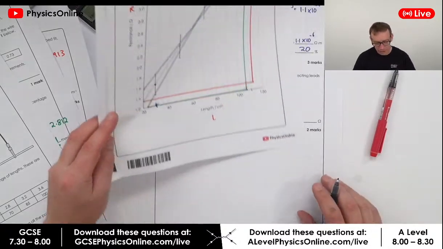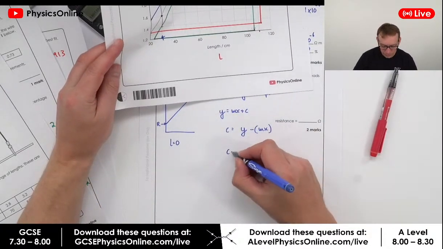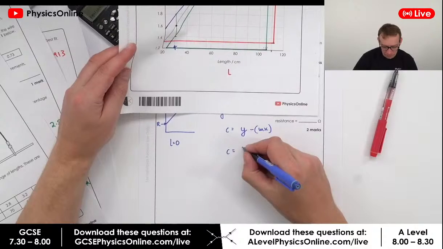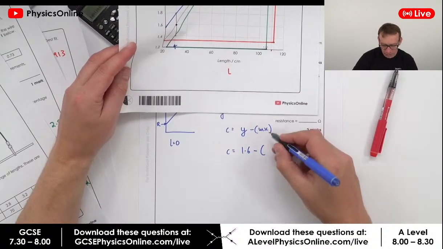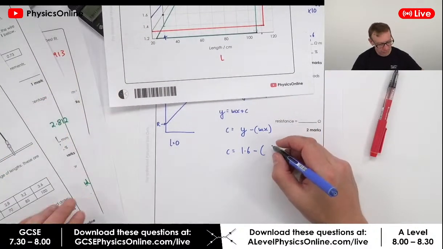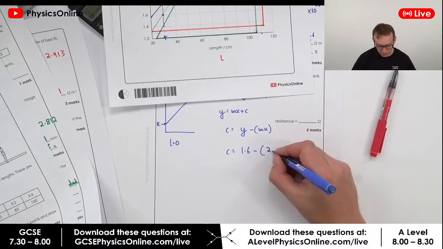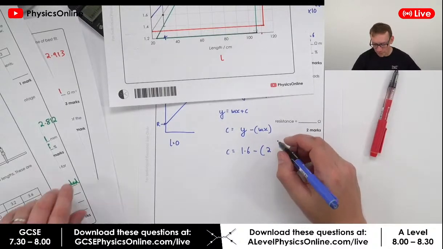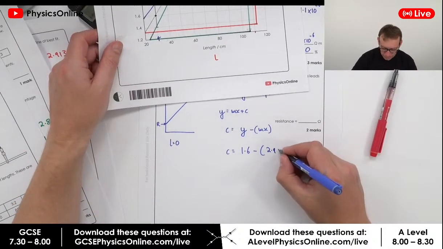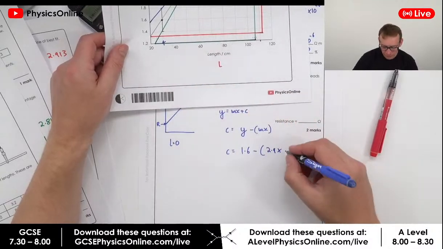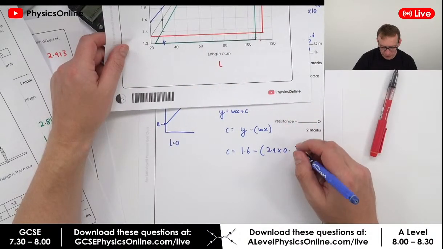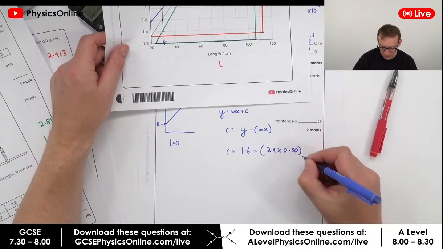Okay. So when the value on the y-axis is 1.6, we're going to take away the gradient, which in this case was 2.9, multiplied by the x value, which was equal to 0.30 metres.